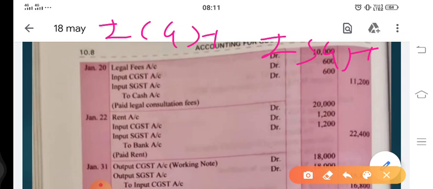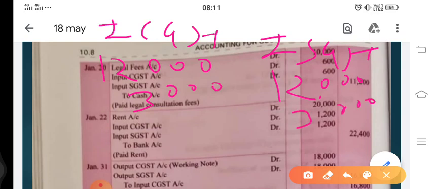In the first point we had input CGST and input SGST both for 12,000. So 12,000 input here also, 12,000 input here also. In the second point, input CGST and input SGST both were 3,000. In the next point it was 600 and in the last point it was 1,200, as you can see here.